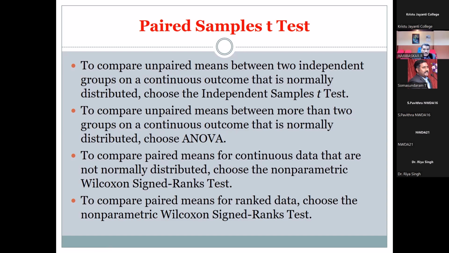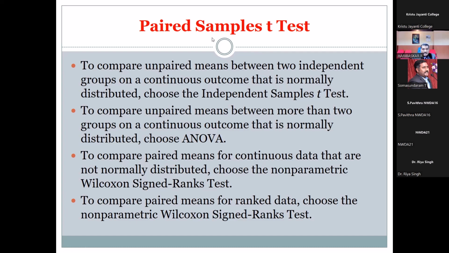For that, we need to use ANOVA. We will have that next day. Tomorrow, you may be having an ANOVA session. In that, they will tell you how we can analyze three different samples.